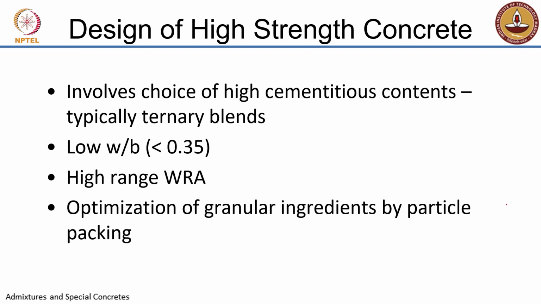And you can also opt for optimization of your granular particle skeleton by a process called particle packing. The idea is simply to arrive at a strategy to maximize the packing of solid ingredients so that you minimize the voids. Because if you want to increase the strength, you need to minimize the voids. So you have to evolve a strategy with which you can minimize the voids.